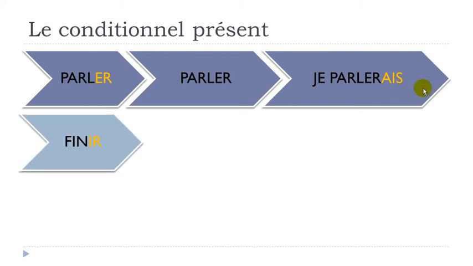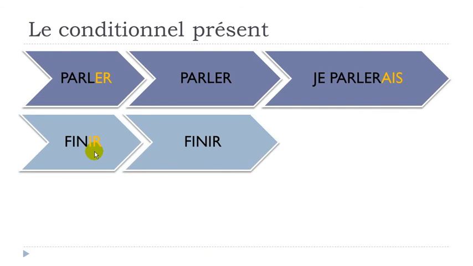Second group, so verbs ending with ir. Be careful, not all the verbs ending with ir, but quite a decent amount of them belong to the second group, but then still it will be quite easy because it is exactly the same way.